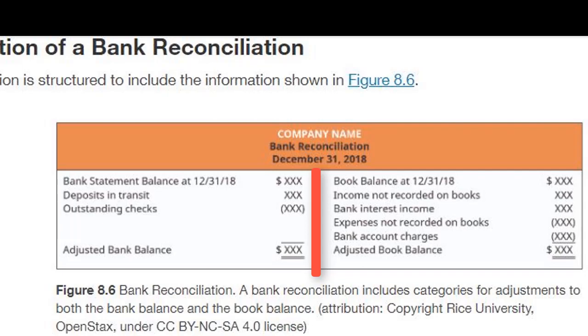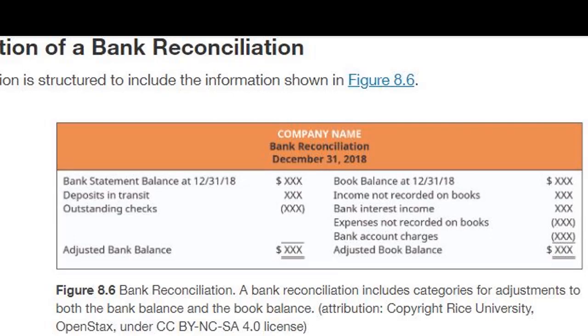The bank number on the bank's website that tells you how much cash is in the bank, that might actually be wrong. On the other hand, your number, what you think you have in the bank, might be wrong too, for, in this case, 3 or 4 different reasons. And so, if the bank balance, what the bank says you have, is wrong for a couple of reasons, that's the left side of Figure 8.6.